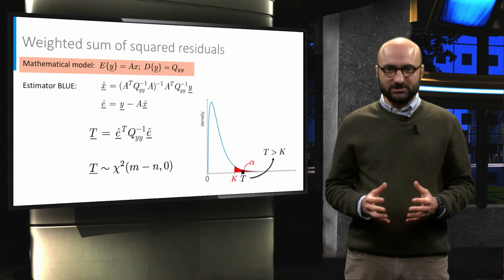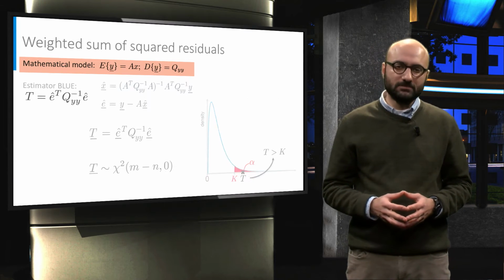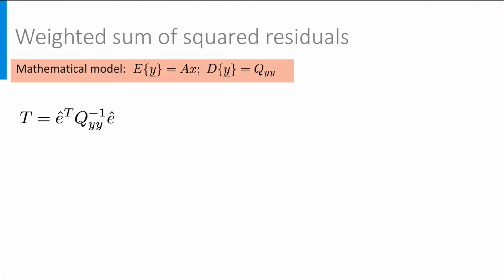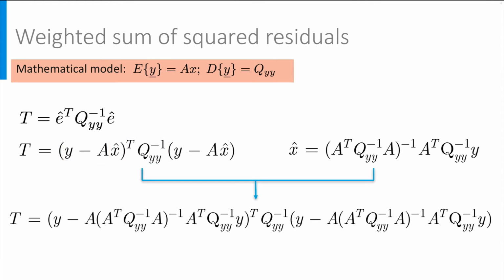To answer this question, let's look in more detail at the test statistic. We can write t in this form. We see that the test statistic is a function of four components: observations, matrix A, x hat, and the covariance matrix Q. I can even insert the full equation of the x hat in this equation and derive this long expression of the test statistic.